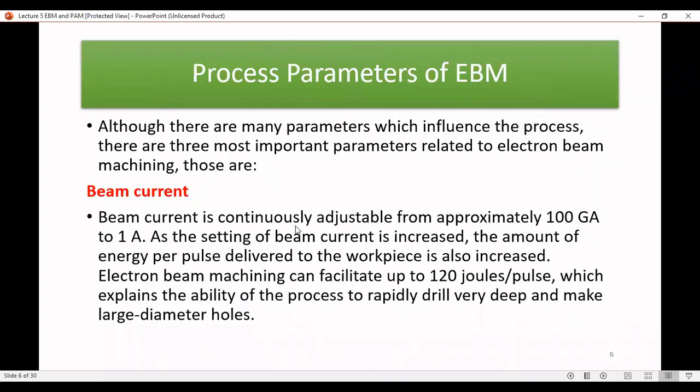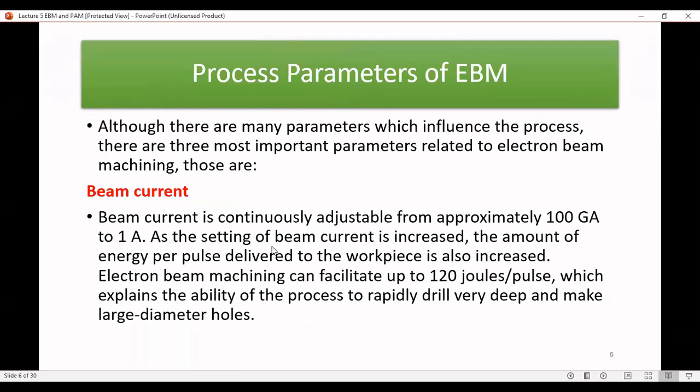Process parameters for the EBM. There are three most important parameters related to EBM. The first one is beam current. This is adjustable from 10 nanoamps to 1 amp.